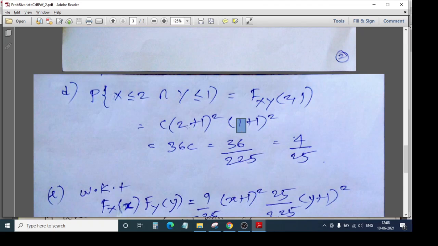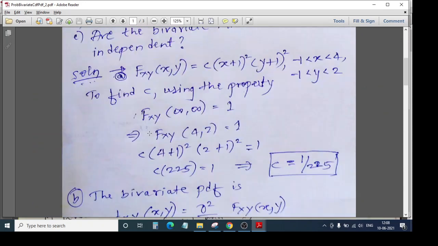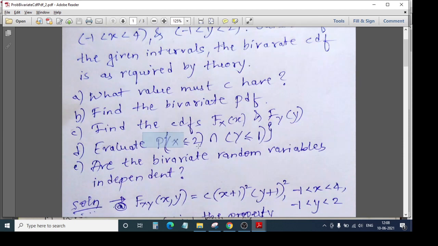So you substitute these values, that is 3 the whole square, and this is 2 the whole square. 3 square is 9 and 2 square is 4. So 4 9s is how much now? 36. Then you substitute the value of c. C is nothing but 1 by 225. So when you simplify it, you will be getting 4 by 25. So you have found out your D part. Your D part is also done.